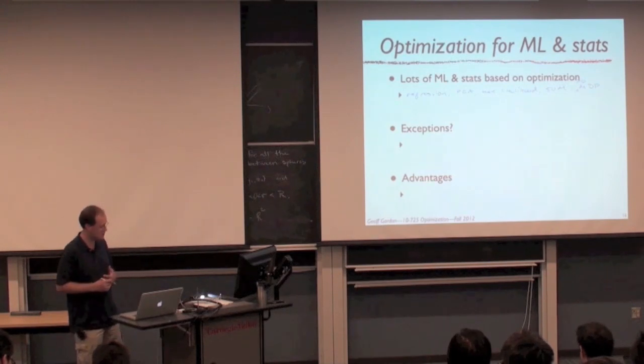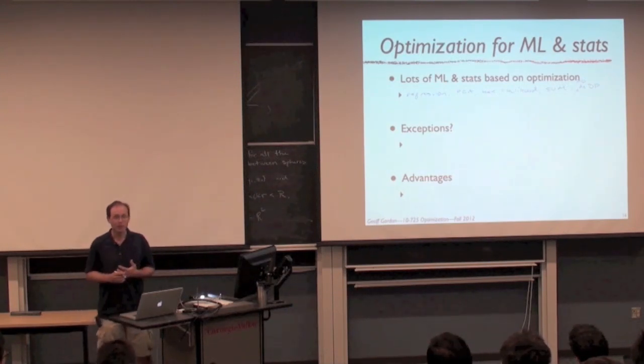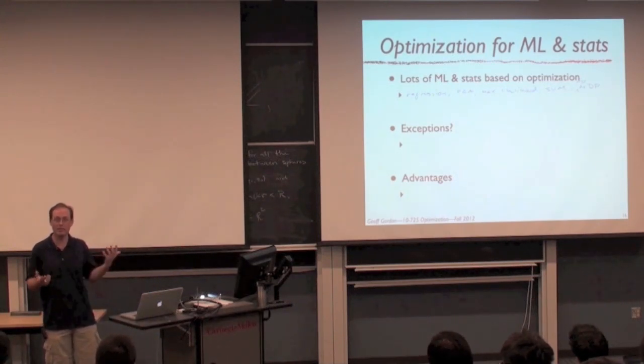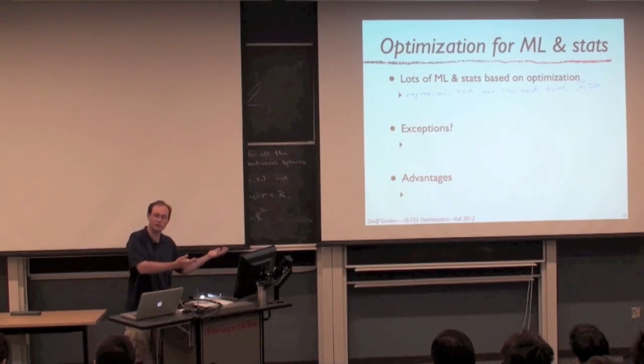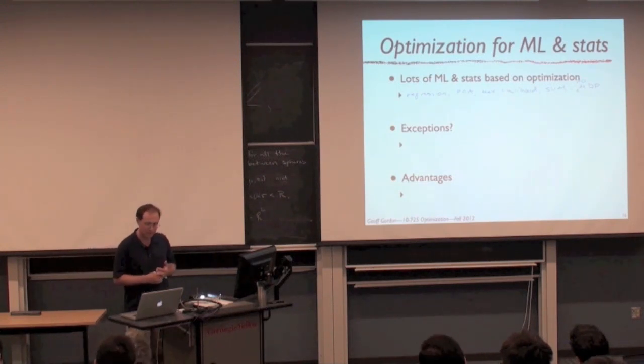You can phrase those as optimizations. Maximum entropy, resource allocation, like the Walrasian equilibrium problem. Again, trying to fit the behavior of that to an actual observed market would be a nice statistical problem.